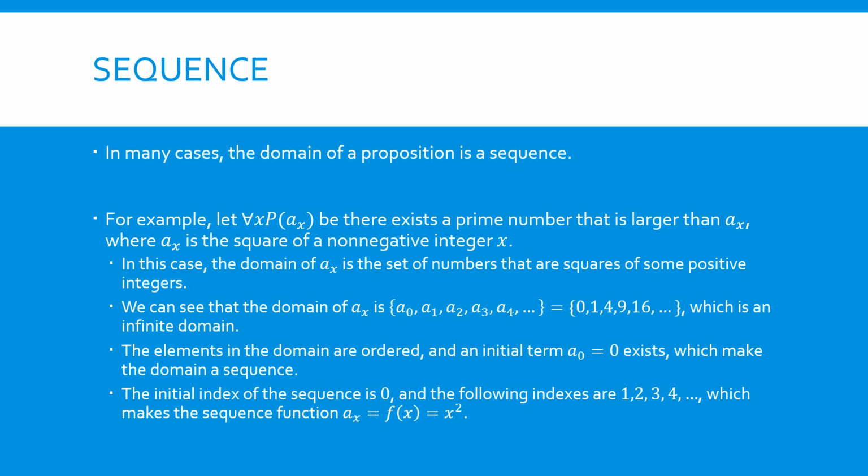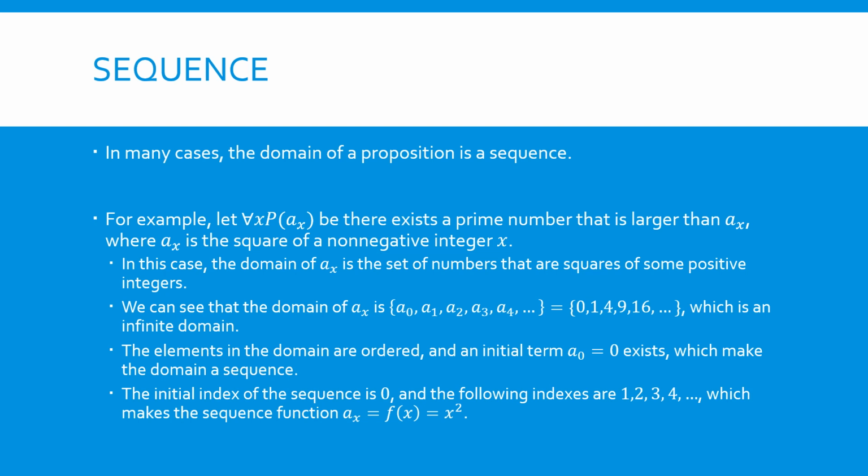The domain of this proposition is the set of squares of non-negative integers, that is, 0, 1, 4, 9, and so on. In this case, we can view the non-negative integers x as the indexes. Their squares are the terms. The mapping function that maps the indexes to the terms is f(x) equals x squared.